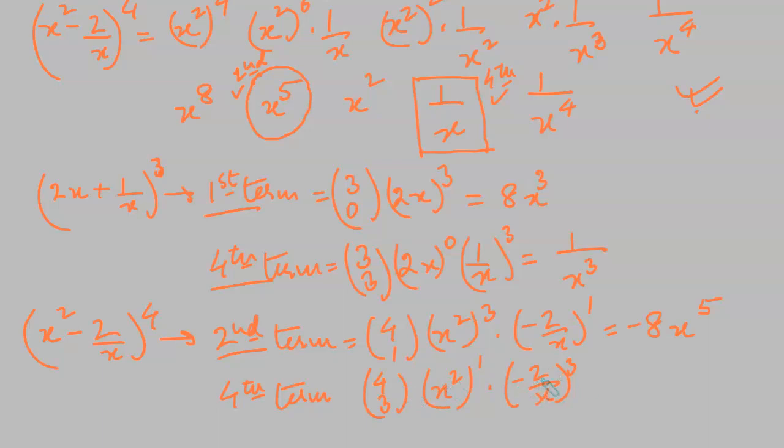And negative 2 raised to the power of 3 is negative 8. So negative 8 times 4 is equal to negative 32. This is x squared and this is x to the power of 3. So it will be negative 32 over x.